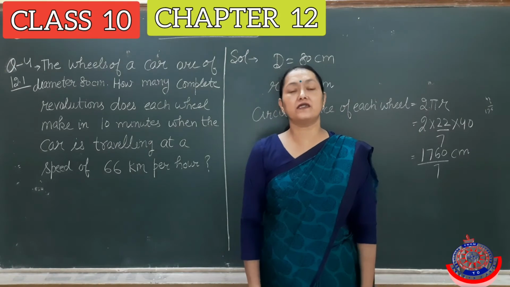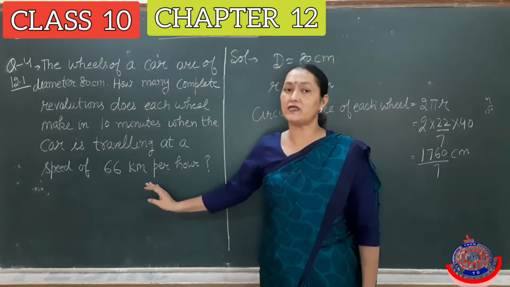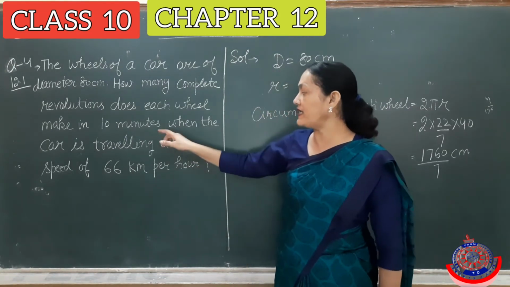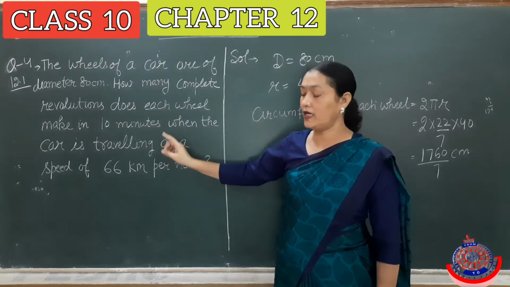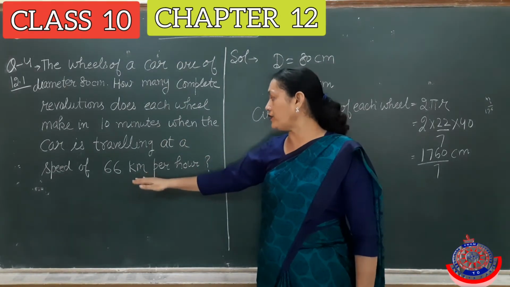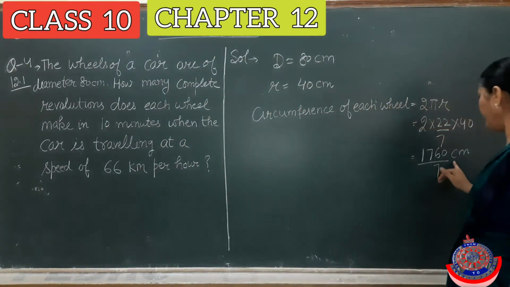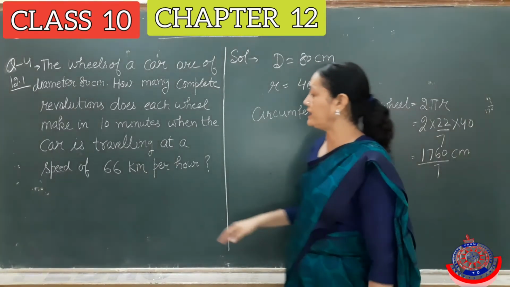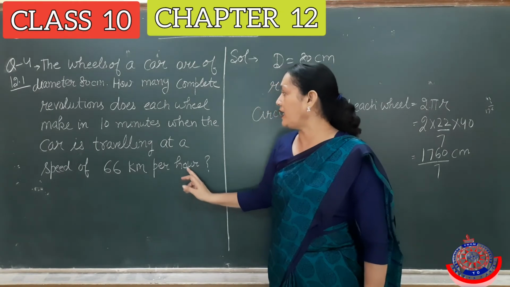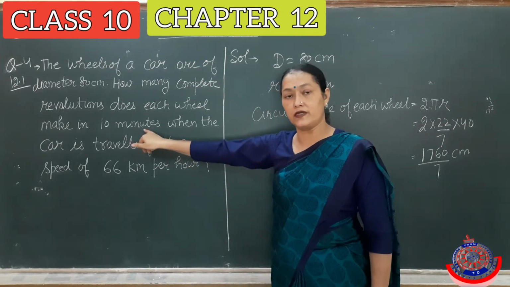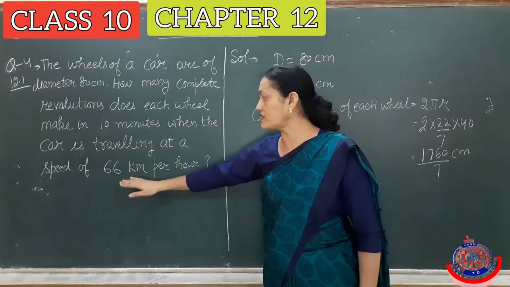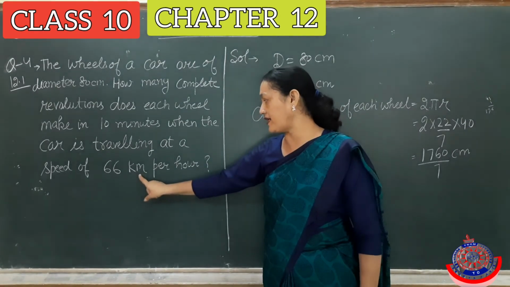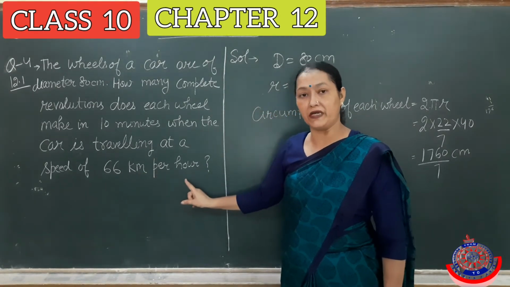Next they have given us speed of the car, means speed of the wheels, as well as time. You see, units are not the same. Here we have obtained circumference in centimeter and here it is kilometer per hour and time is in minutes. So we will be converting speed into centimeter per minute.